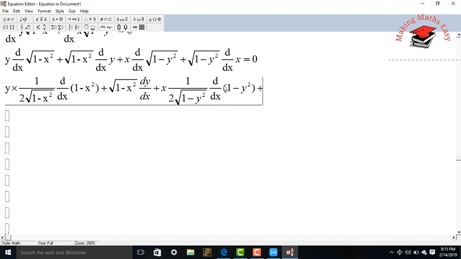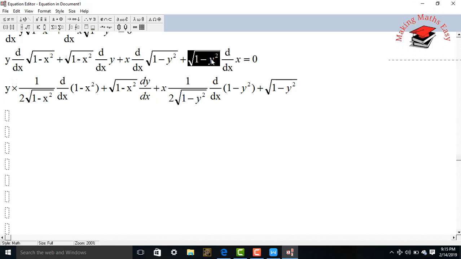And then the last differentiation is square root of 1 minus y square into the derivative of x with respect to x. The derivative of x with respect to x is equal to 1, so no need to write 1.